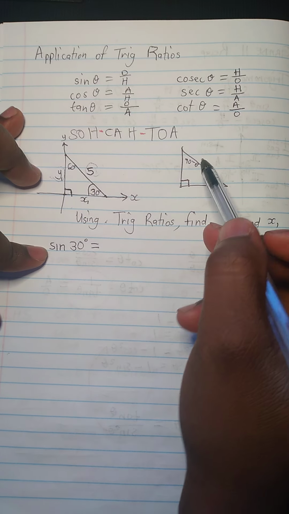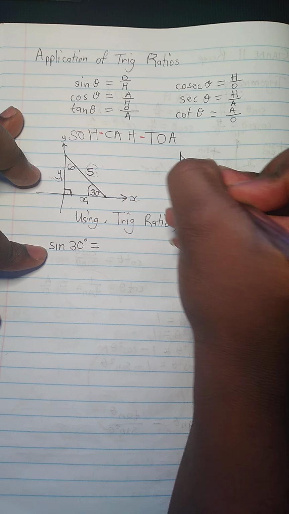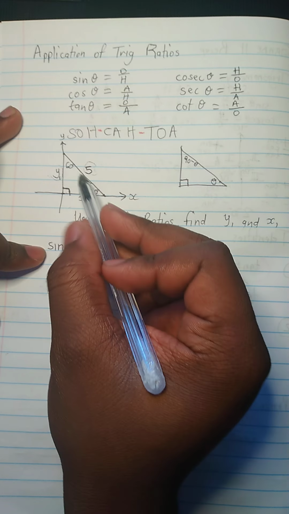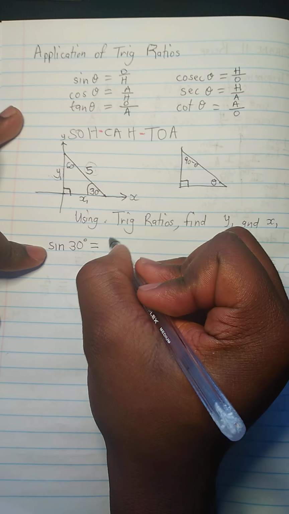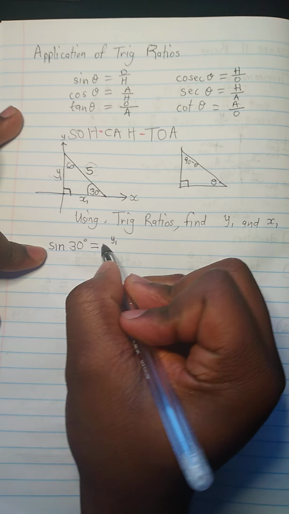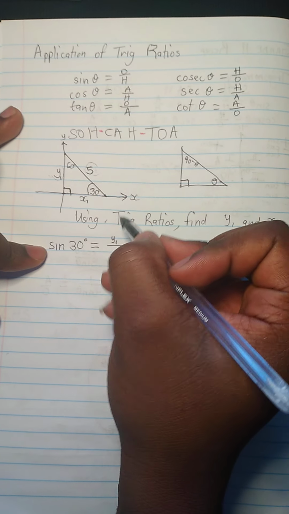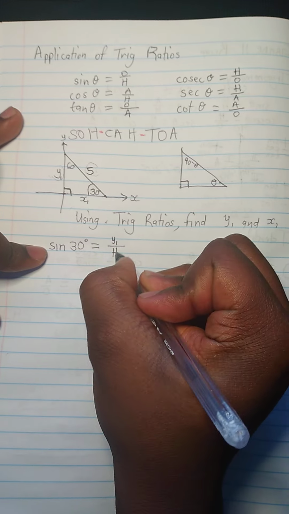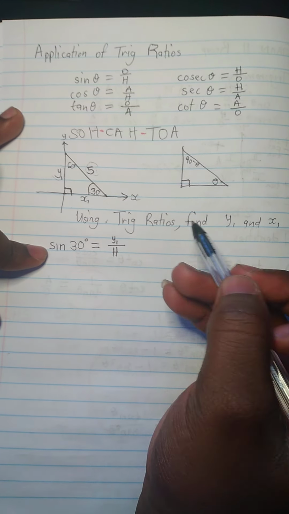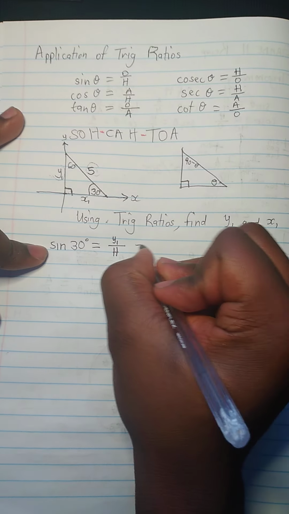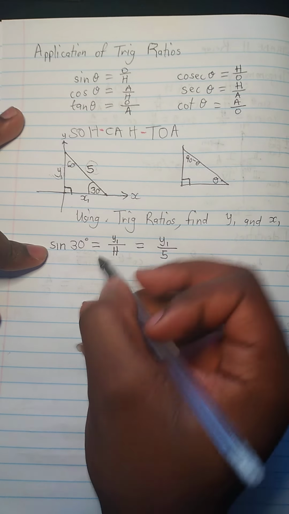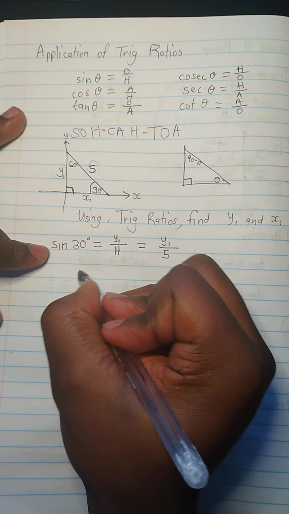So sine 30 degrees, you're gonna get y1 over hypotenuse. Our side now has a name, and our hypotenuse we already know, so let's just substitute it, y1 over 5. So in short, let me summarize that.